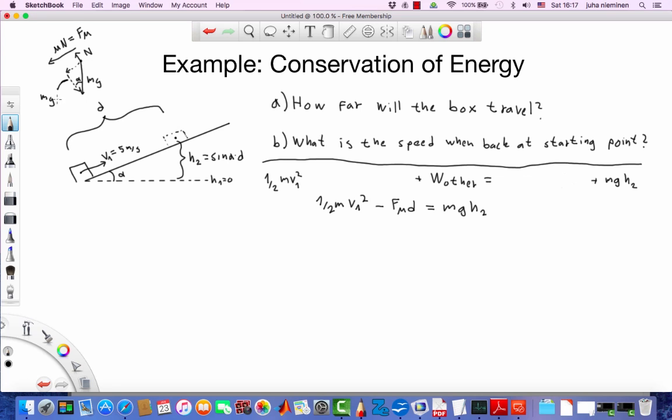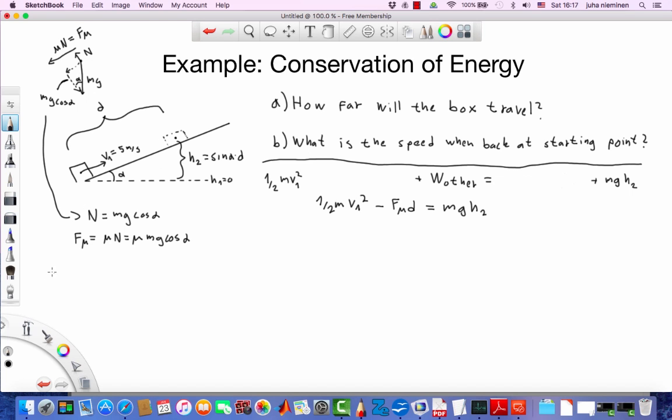So that's going to be mg cosine alpha. And we use Newton's first law, because there's no acceleration in the direction perpendicular to the surface. We know that n equals mg cosine alpha, and hence the friction force, which is mu times n, must be mu times mg cosine alpha, where mu is the coefficient of friction.